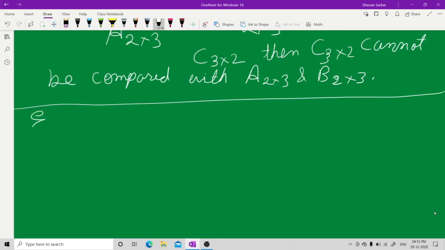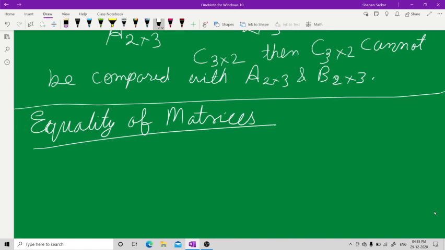Now, two matrices A and B. Suppose A is an M cross N matrix, and B is a P cross Q matrix.